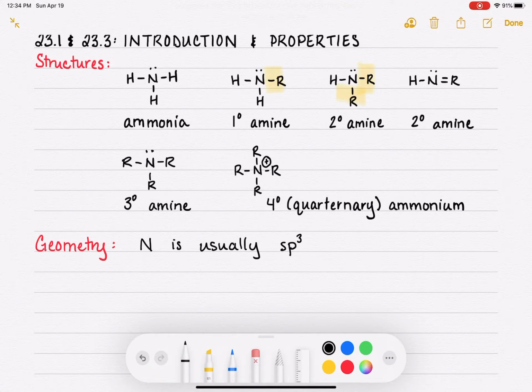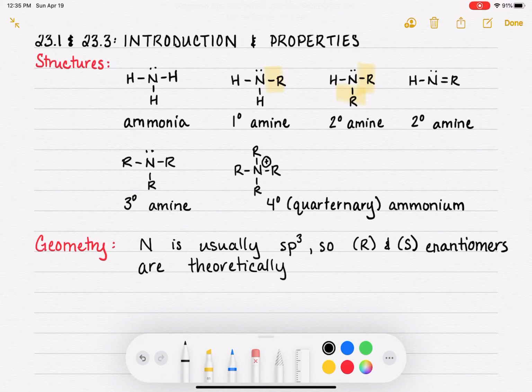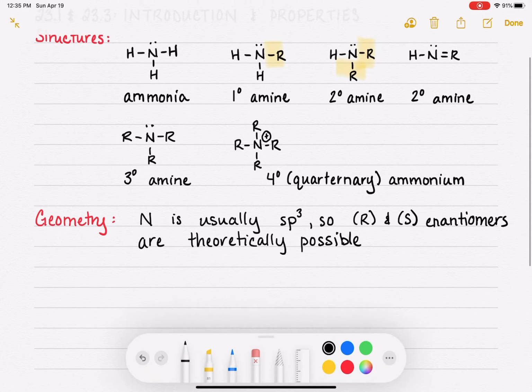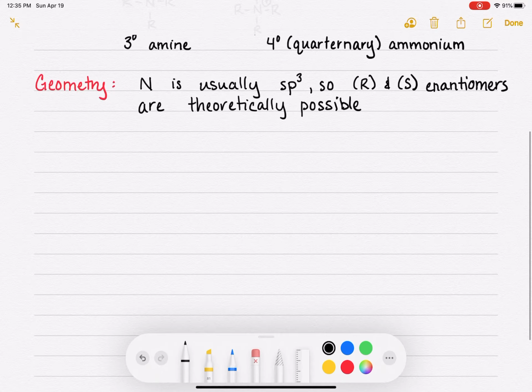And because it's sp3, we have the potential, in theory, for having R and S enantiomers. R and S enantiomers are theoretically possible. We've never even considered applying stereochemistry like R or S to anything other than a carbon. But take a look at this.